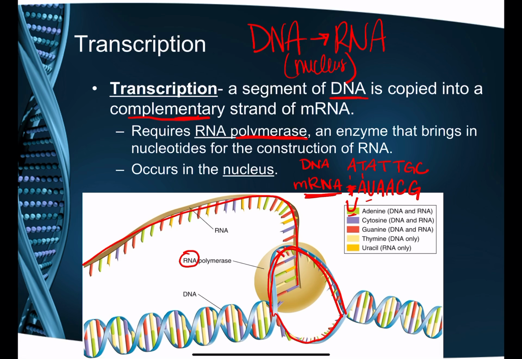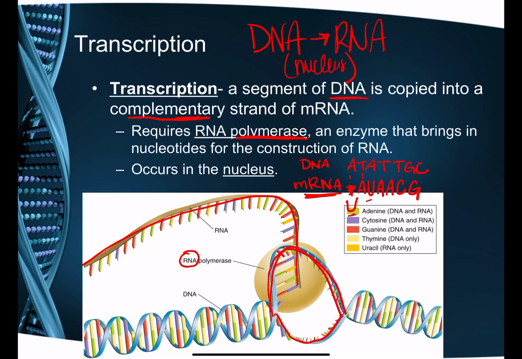Now, in replication, we copied the whole cookbook. We copied the whole DNA molecule, all 6 feet of it, okay? In transcription, we are trying to make one protein. We are trying to make one recipe from that cookbook. So we're not going to copy all 6 feet. Maybe we'll copy 3 inches. We're just going to copy a short segment of that DNA.